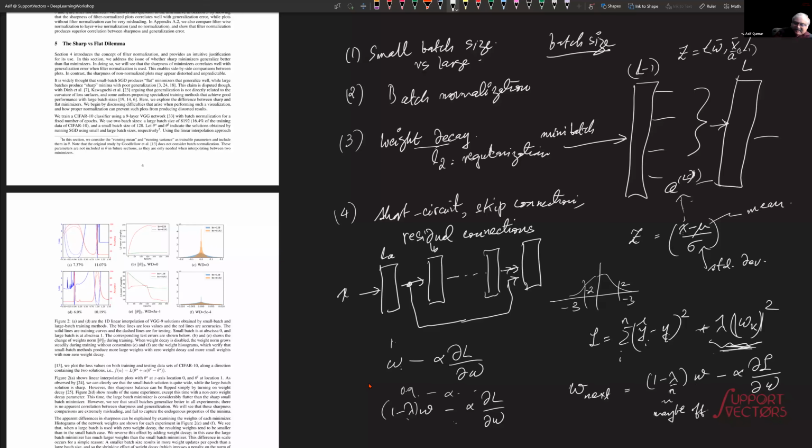Suppose this is layer L, and this is layer L minus 1. Actually, let me just call this A layer and B layer, first layer, second layer, let's say. And so occasionally you would take the output of one of the early layers and add that as input to one of the later layers. So it is a form of short circuit, right? Because the normal signal is getting passed in the forward direction, and now here you have put a short circuit.